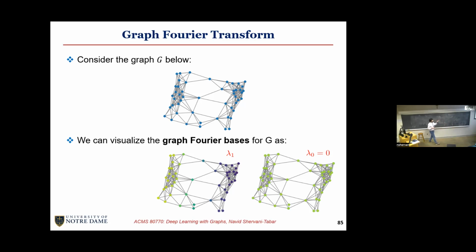Now, this is very close to the reason why in clustering we were using the eigenvector matrix as a way to cluster and to identify different nodes. You can see that using this second smallest eigenvector, I was able to cluster this network into two clusters.